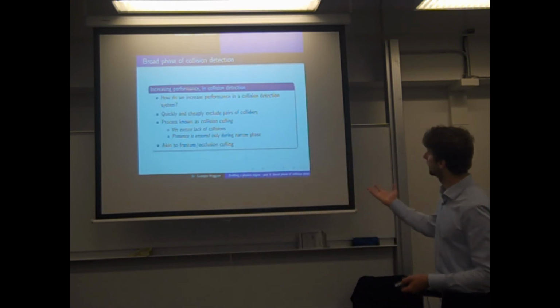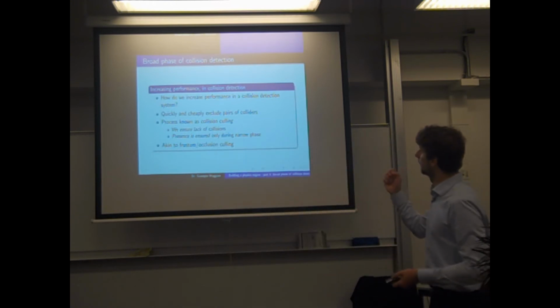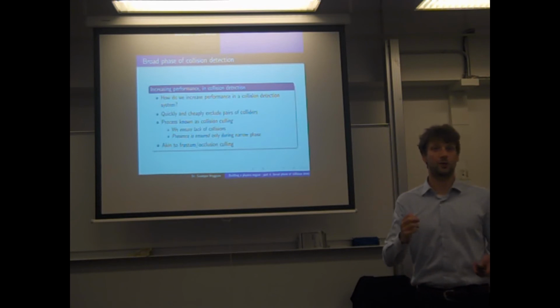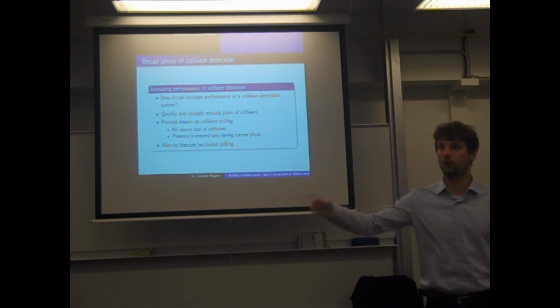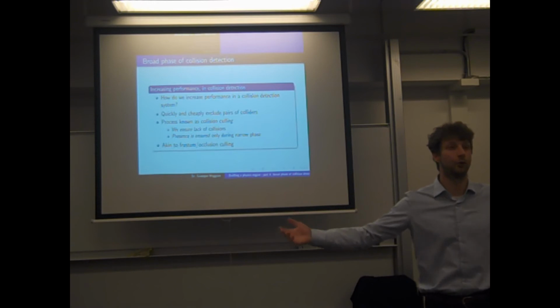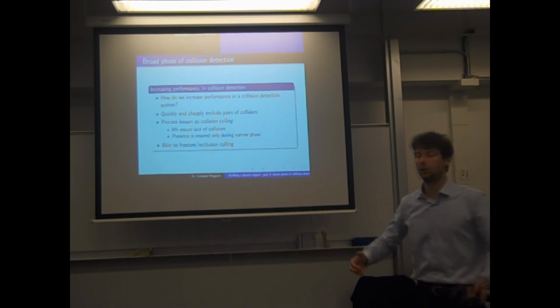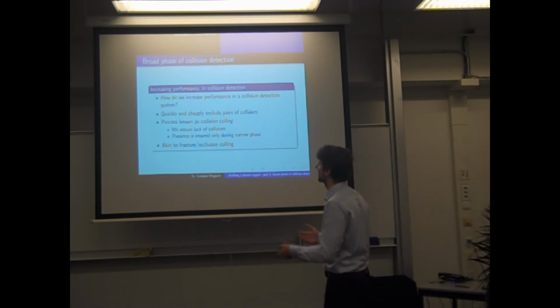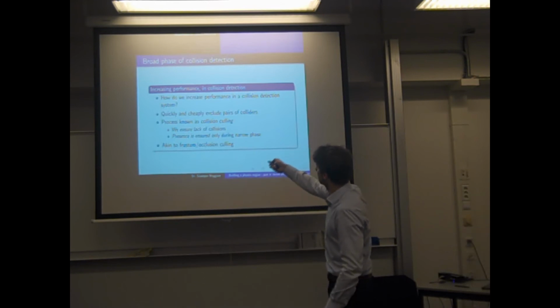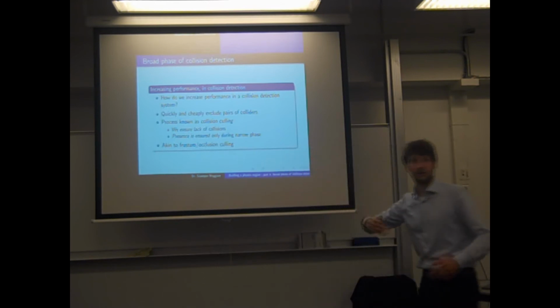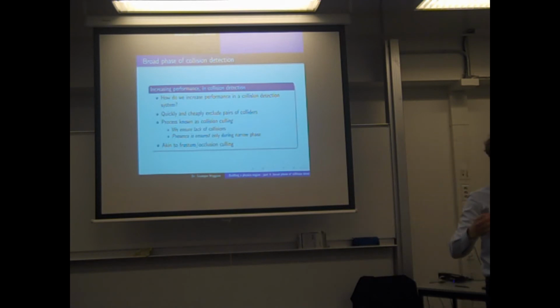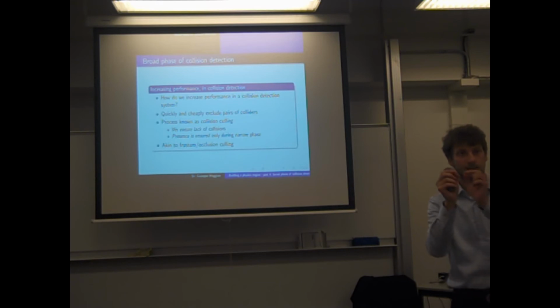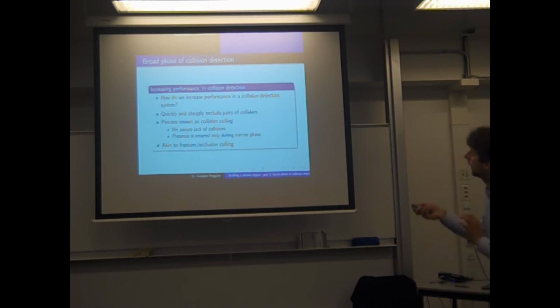Collision culling is the very same thing. We try to find all those pairs of objects which cannot possibly collide, like objects in different rooms in the game world, or objects which are so far away that it doesn't make any sense to think that they might collide. The idea of the broad phase is that it doesn't tell us precise information, like these two objects are colliding here. It only ensures lack of collision.